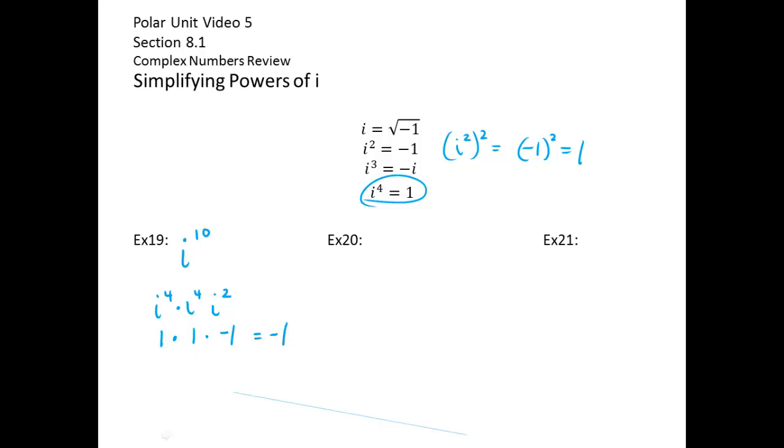Okay. Example number 20, i to the 51st power. For this one, it might be a little easier to actually divide by 4, since it goes in cycles of 4. So every time you have i to the 4th power, you get a 1.